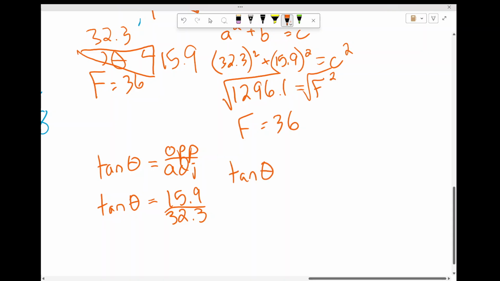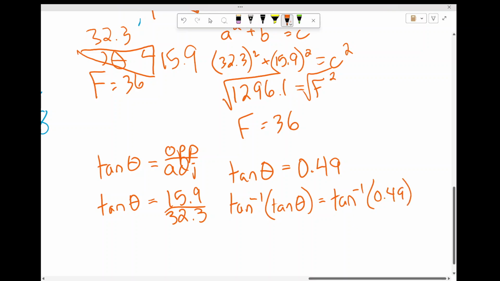So tan theta equals 15.9 divided by 32.3, which is 0.49, and then we apply inverse tangent to both sides. Tangent and inverse tangent cancel, giving us an angle of the inverse tangent of that answer, which is 26.2 degrees.